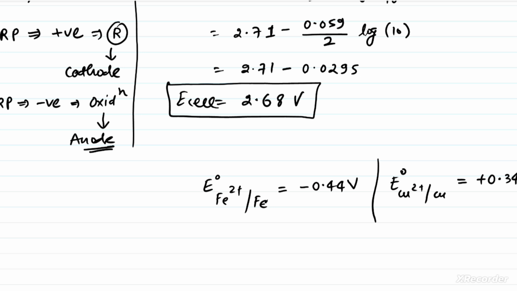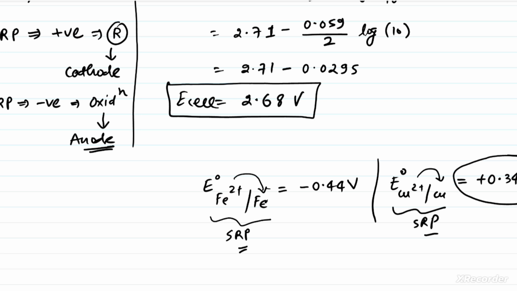So can you tell me which one is the cathode, which one is the anode? Again, the first thing you have to check is whether it is SRP, standard reduction potential, or not. So yes, it is from plus 2 to 0, plus 2 to 0. That means both of them are what? SRP, standard reduction potential. Now this value is positive, that means a high tendency to get reduced, and this value is negative, that means less tendency to get reduced, that means more tendency for oxidation.